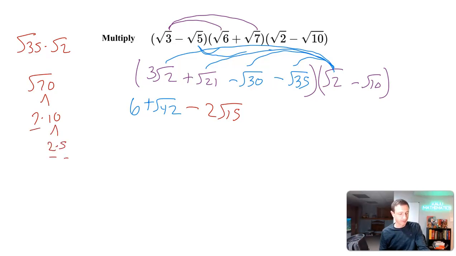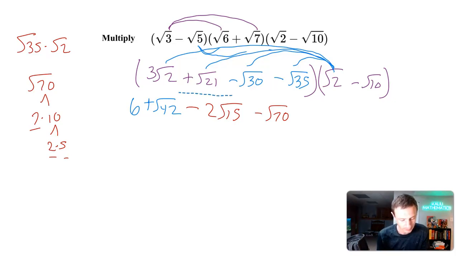I do not have anything, so believe it or not, square root of 70 cannot be simplified at all. So what sign is that going to be? That's going to be minus, because this is minus square root of 35. So it's going to be minus square root of 70. You'd think something would happen, right? Like you'd think something's got to come out of there, but no. 7 times 10, 2 times 5 times 7. Awesome. So we've taken care of the square root of 2.